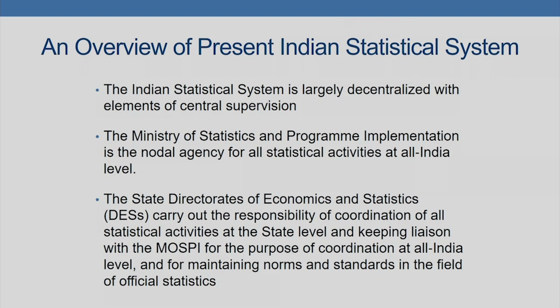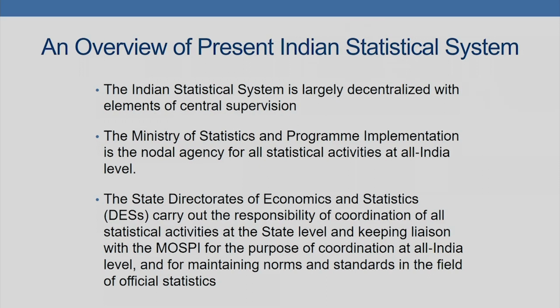The Ministry of Statistics and Program Implementation is a nodal agency for all statistical activities at the all India level, and at the state we have the Directorate of Economics and Statistics that carry out the responsibility of coordination by liaising with the Ministry of Statistics for the purpose of coordination at the all India level and for maintaining norms and standards in the field of official statistics.